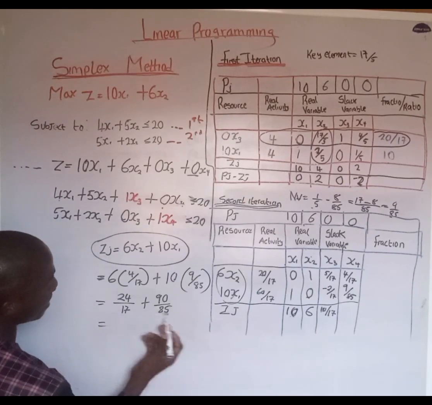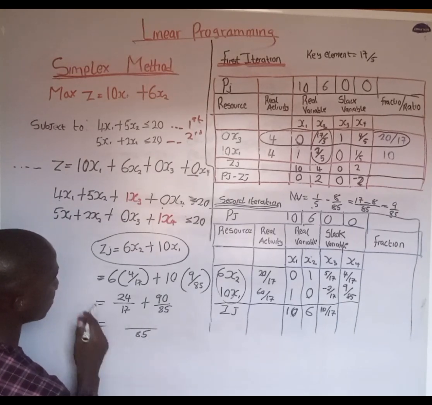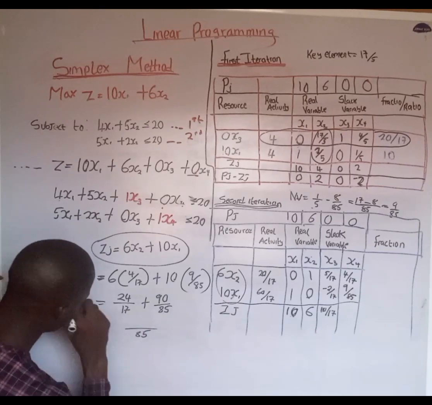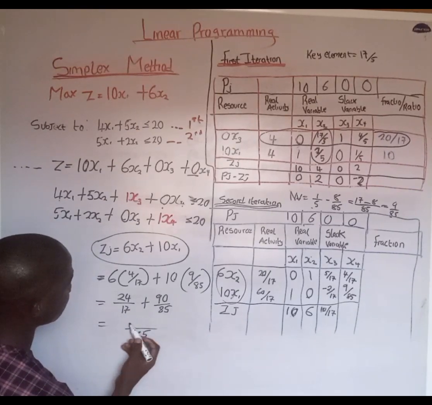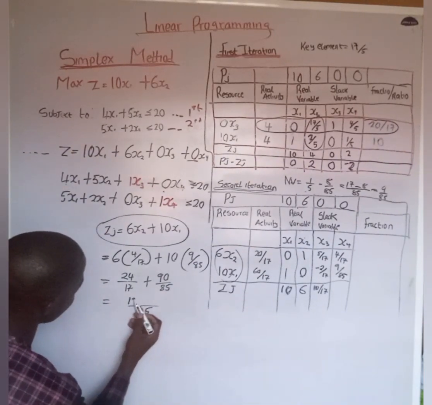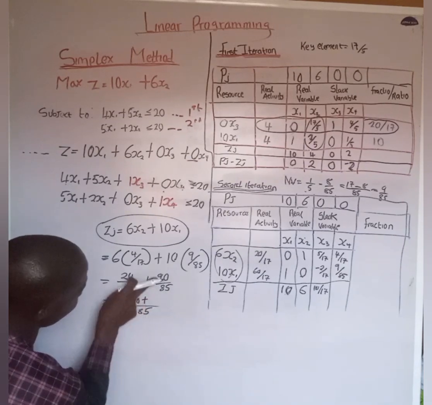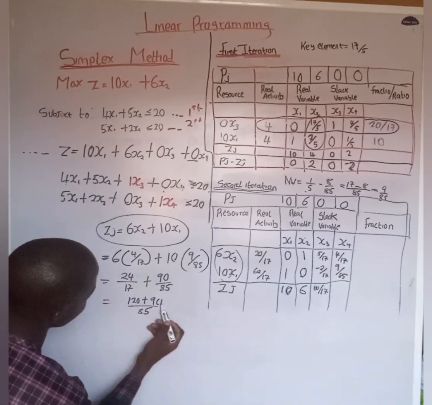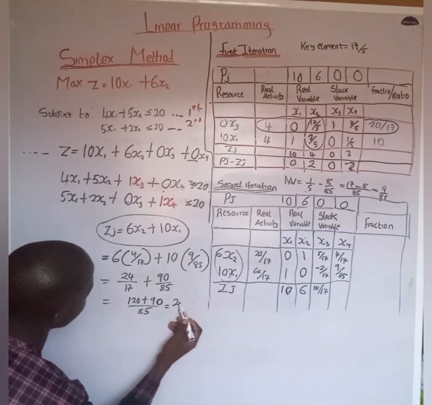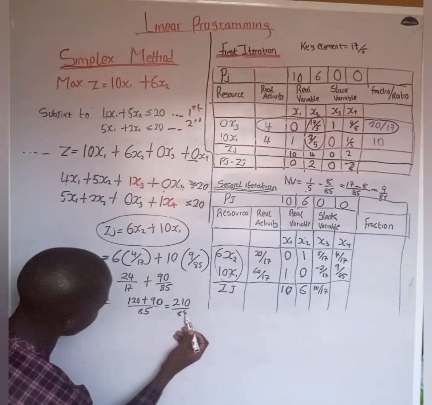So for 85 and 17, the LCM is 85. 85 divided by 17 is 5. 5 multiplied by 24 is 120. 85 divided by 85 is 1. 1 multiplied by 90 is 90. So 120 plus 90 is 210. 210 all over 85.